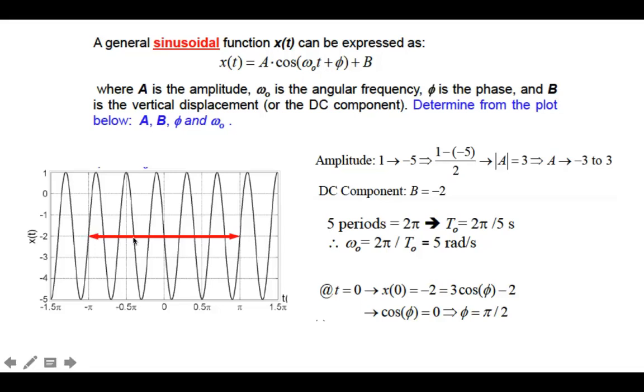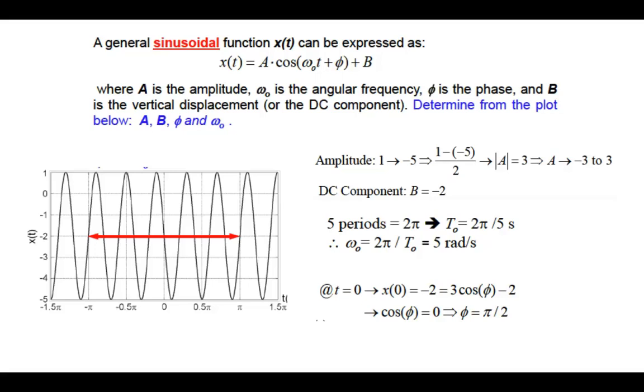So we go from minus pi to pi. There's nothing magic about minus pi and pi. You wouldn't necessarily do that for every problem, but for this particular problem, it turns out that's a convenient choice. So 5 periods occur in a 2 pi time.